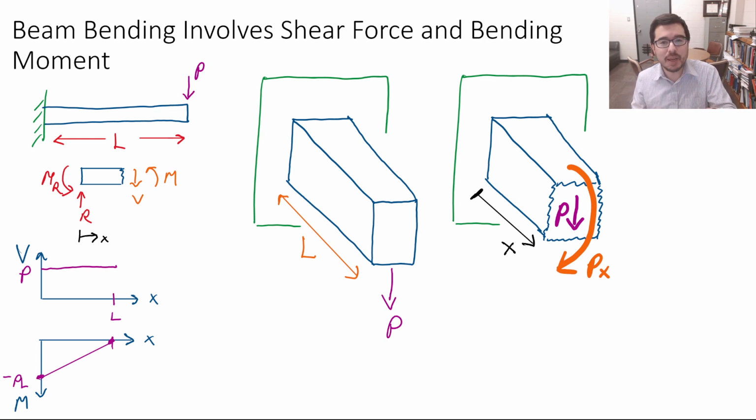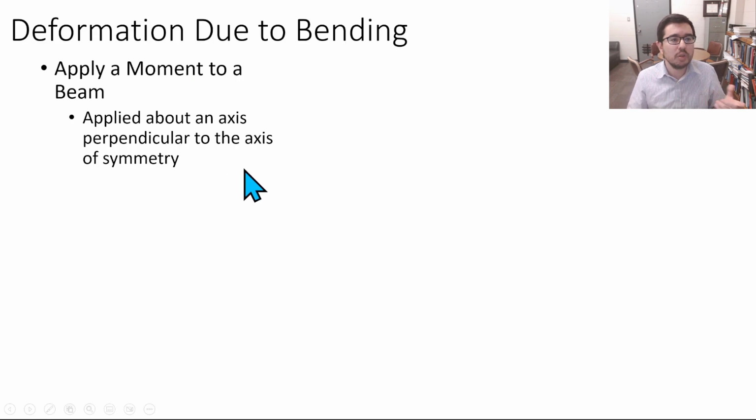Let's do some math to get to these descriptions for strain and stress. We're going to start with strain in this part of the session. In the next part, we'll talk about stress. So, deformation due to bending, or strain due to bending. Usually for deformation we think of units of meters, and strain ends up being unitless.